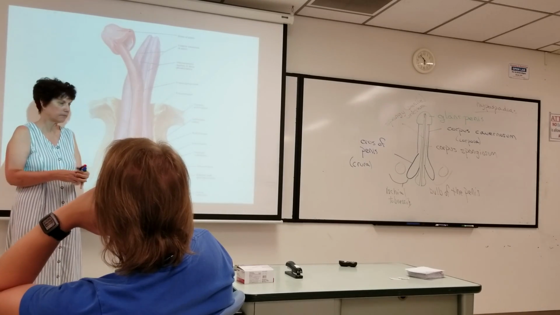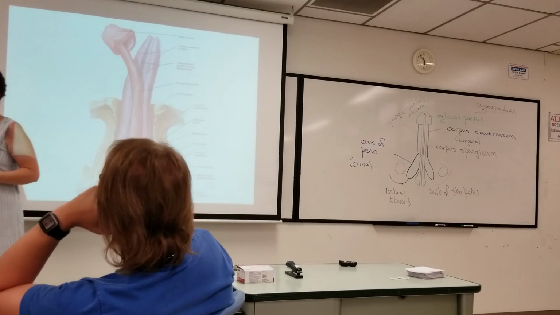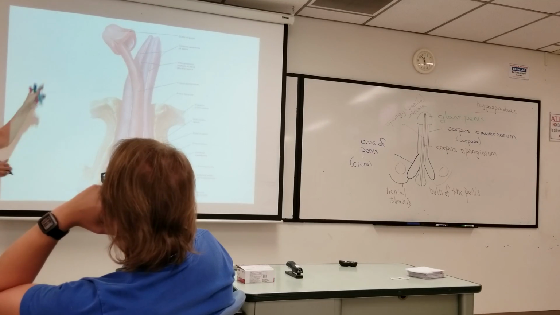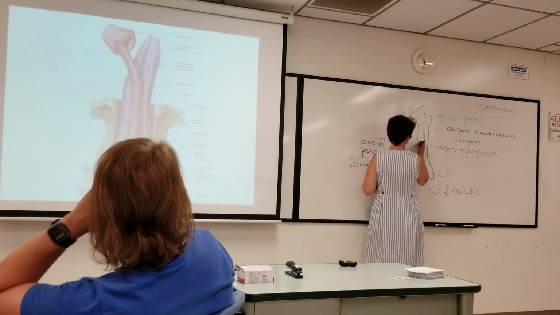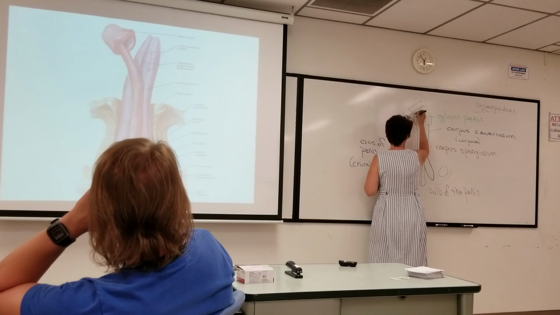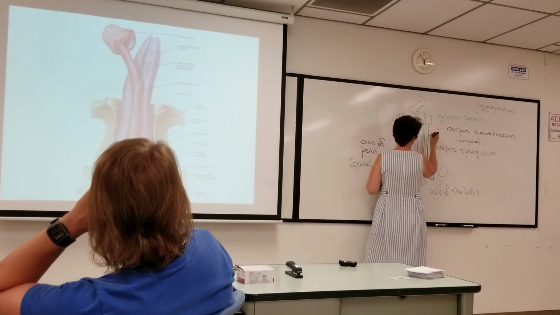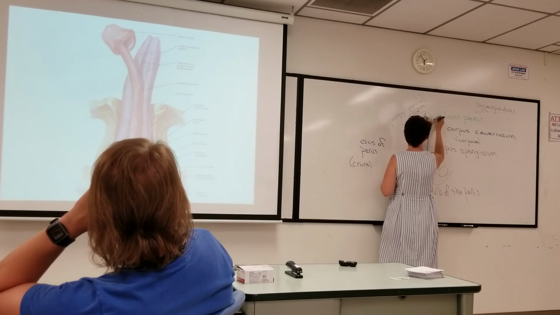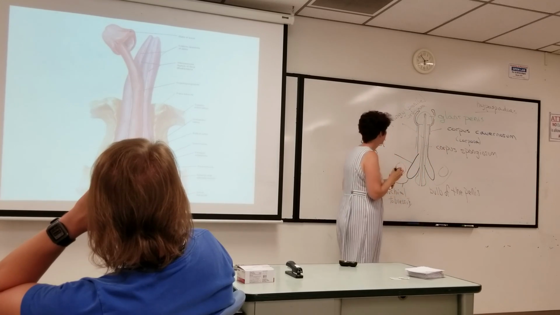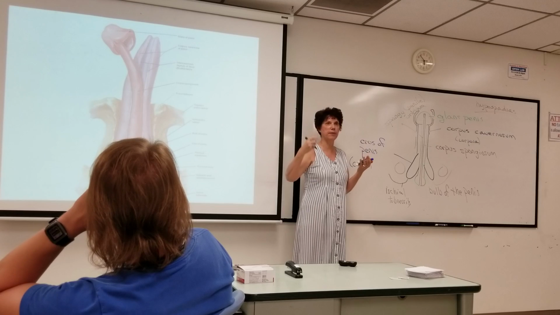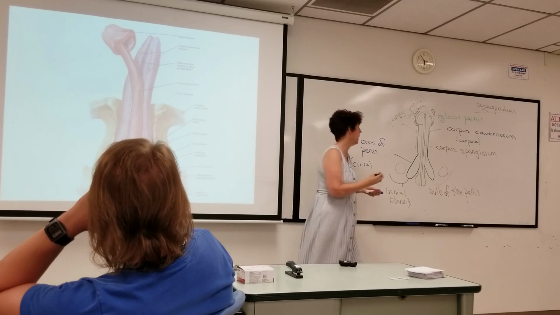All right. Now the skin of the shaft of the penis is going to separate and pull back on itself to form a foreskin. Prepuce is the anatomical term, okay?